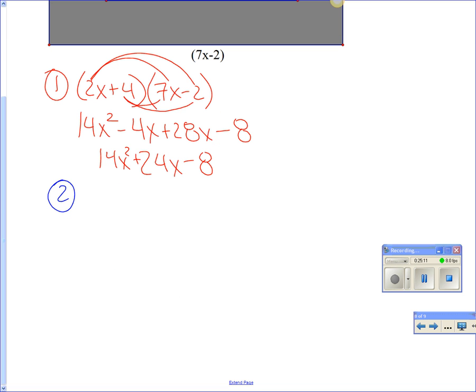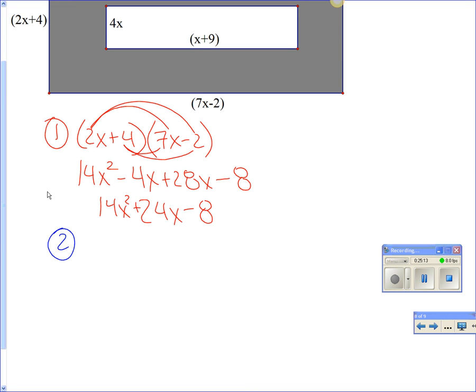Chad, what is step 2? Good. The little box. Sorry, what 2 things give me the little box? 4x and what? Hey, guys, up here.